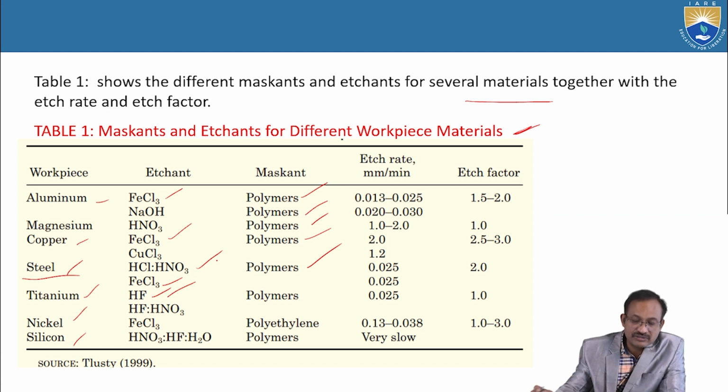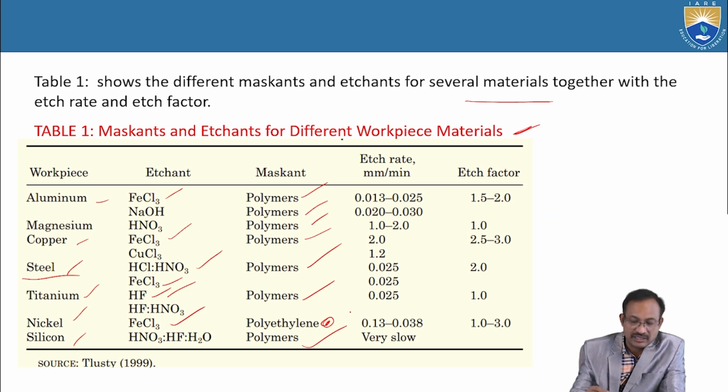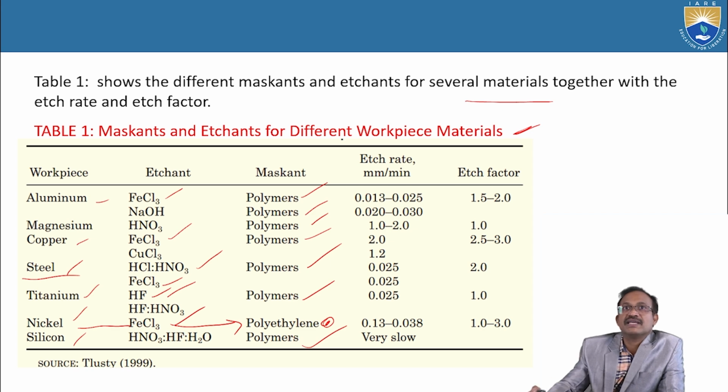For titanium, when we use HF as the etchant, the maskant material is polymers. But for a nickel workpiece with FeCl3 etchant, we have to go with polyethylene. And for silicon, with HNO3, HF, H2O etchant, we go with polymers. So only here do we find polyethylene. In the rest of the cases, the maskant material is polymers.